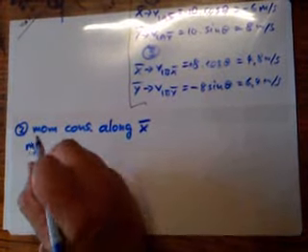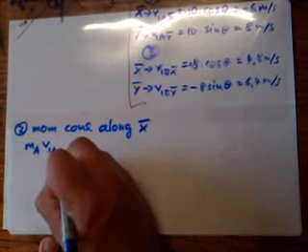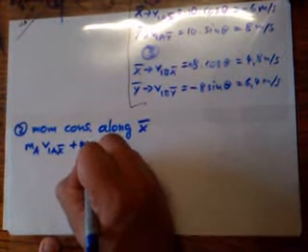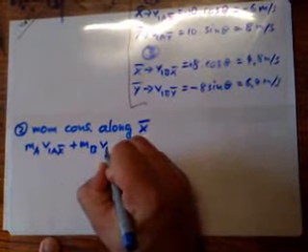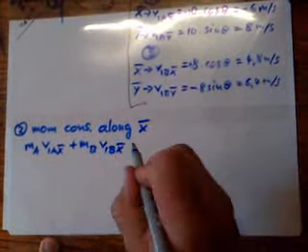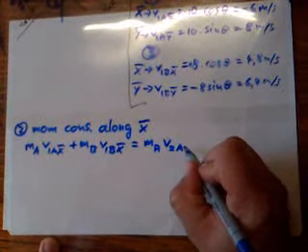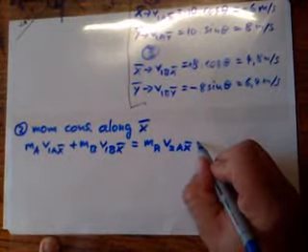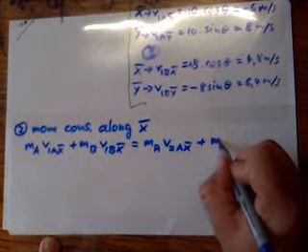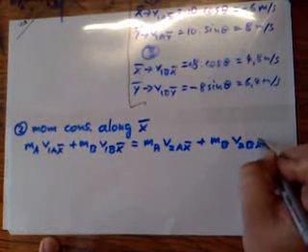So it's MA V1A, that's the initial velocity of A along x prime, plus MB times the initial velocity of body B along x bar, is equal to MA V2A x bar, that's the final one, plus MB V2B x bar, like that.